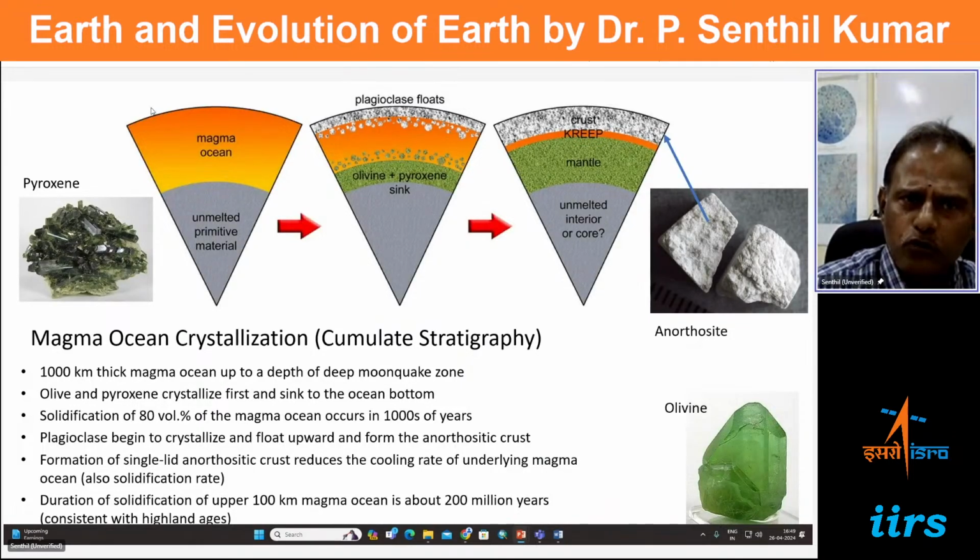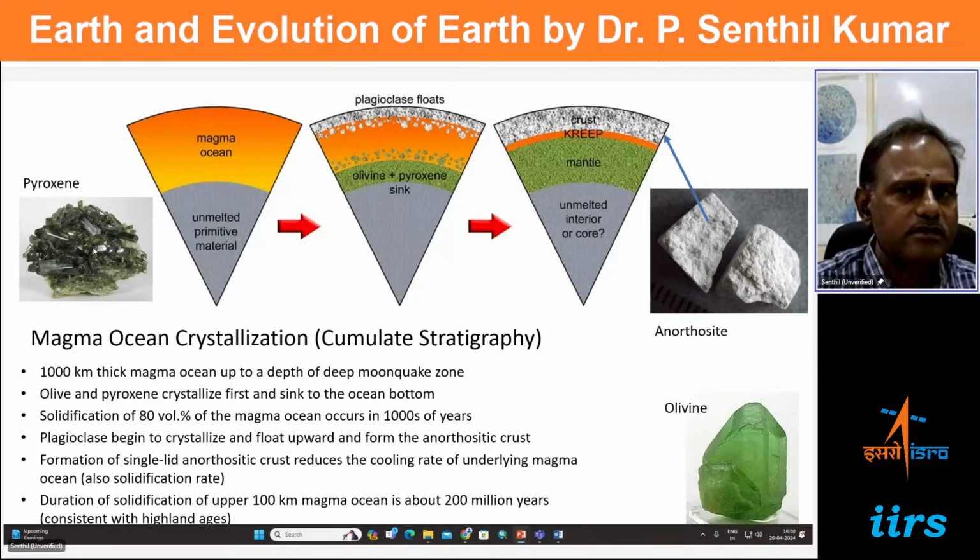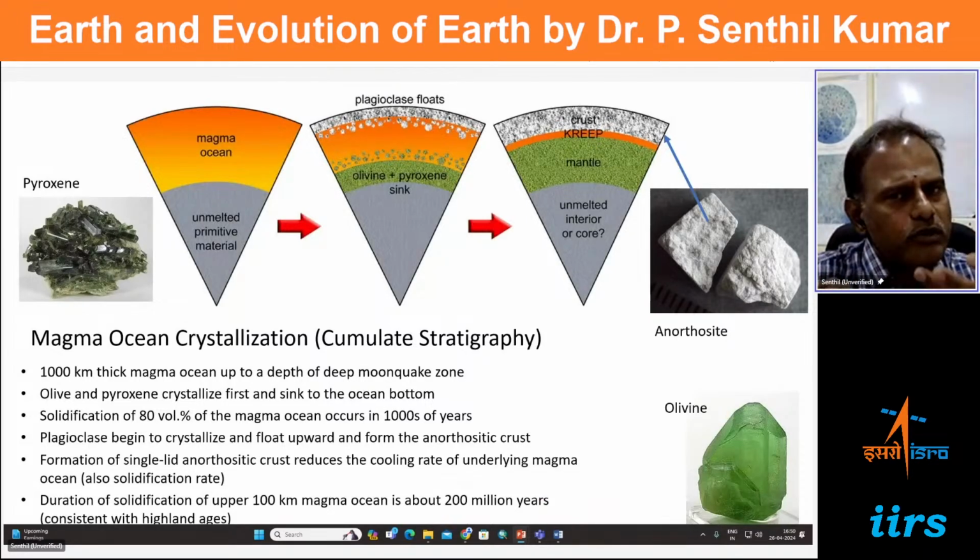Once you have a magma ocean, minerals start crystallizing from this magma. The minerals that crystallize in the beginning are very heavy minerals, like iron and magnesium silicates, like olivine and pyroxenes. They crystallize at very high temperatures, and they are also heavy.